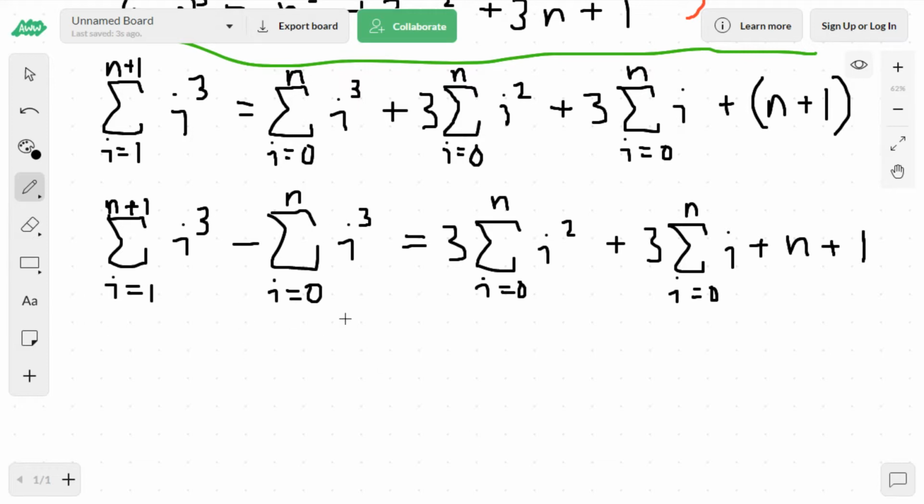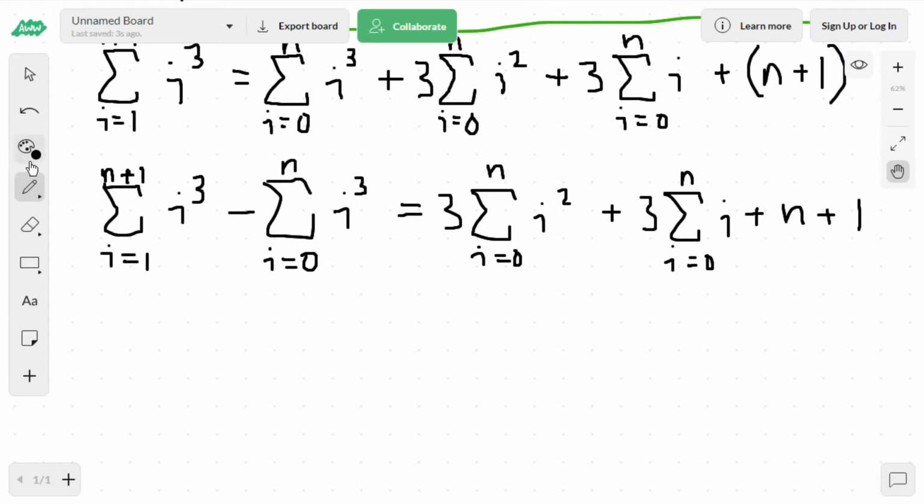Okay, here's where things are going to get interesting. We're looking at this part, which is basically a difference of 2 sums. This one is going to be the sum of cubes all the way up to n plus 1, so for example 1 plus 8 plus 27 plus dot dot dot, up to n cubed, and then n plus 1 cubed.